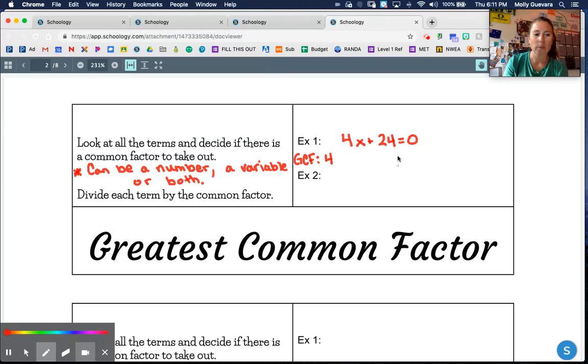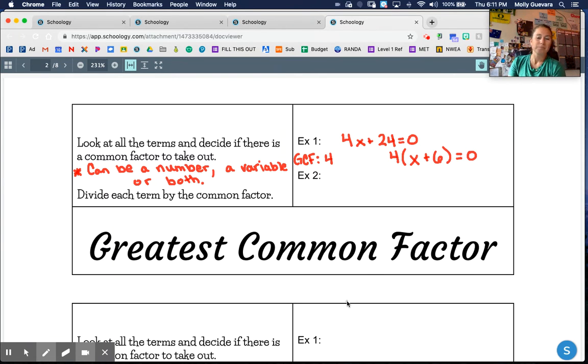When I take out a 4, I still have to include it. I still have to write it, but I'm going to write it on the outside of my parentheses. And then on the inside of the parentheses, we just write what's left. If I take out a 4, I'm left with an x. And if I take out a 4 by dividing, I'm left with a 6. And then I still have that equals 0. And that's it.